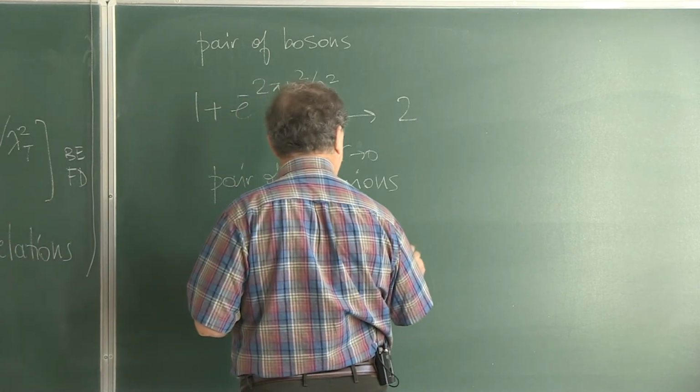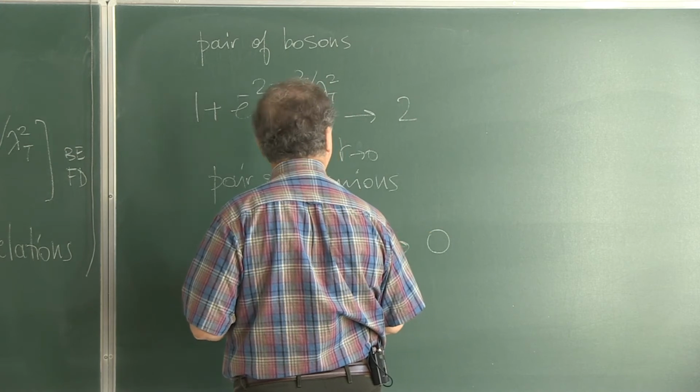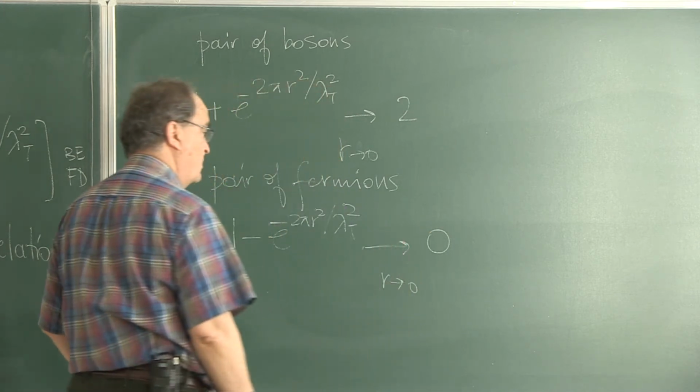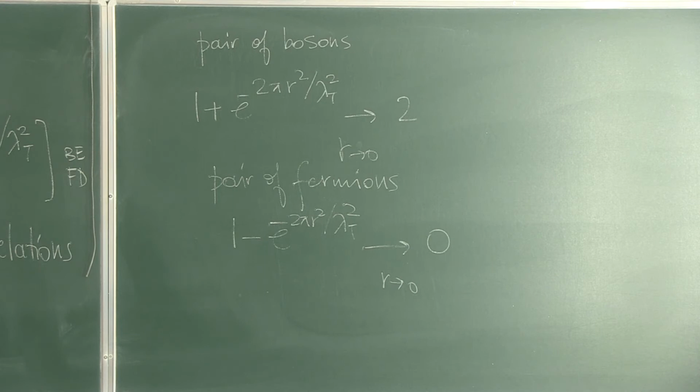This goes to 0 as r goes to 0, isn't it? 1 minus 1. So probability being 0 means they don't like to get close to each other. They don't like each other, in other words. They are not social things. Bosons are opposite. They are social. They like to be together, isn't it?